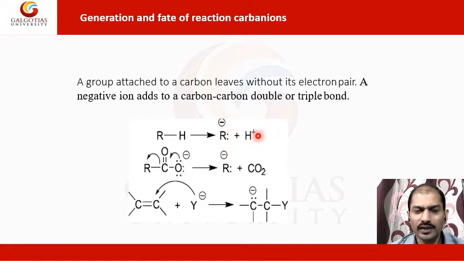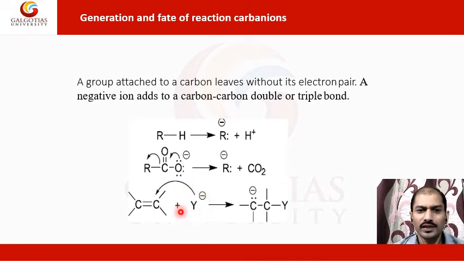So then these can be formed. A negative ion adds to a carbon-carbon double or triple bond. Now you can see here, from this group, RCOO, this R is being replaced by taking the electron, due to the electron density moving in this direction because of the highly electronegative atoms. So this is also making a carbanion. There are a number of methods by which carbanions can be generated.